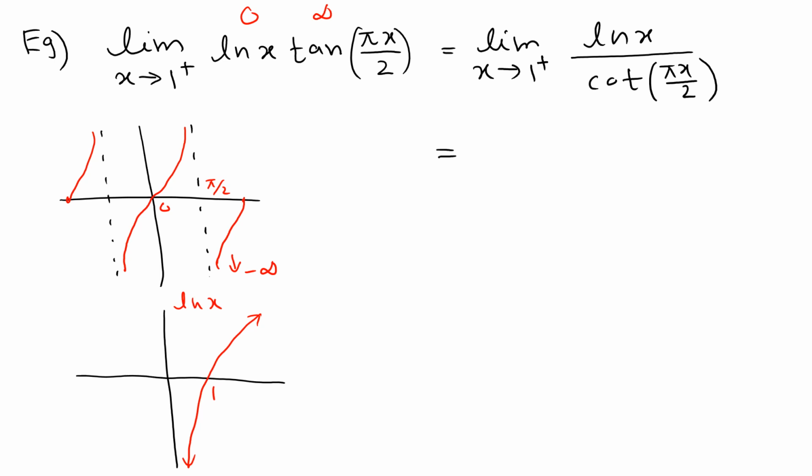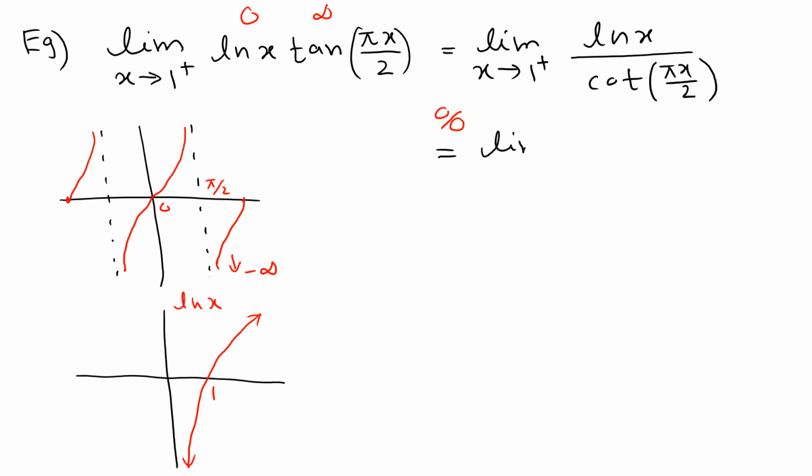When x goes to 1, this is 0 over what will happen to cotangent? We know that tangent at pi over 2 goes to infinity, and cotangent is 1 over tangent, so cotangent goes to 0 at pi over 2. So this is 0 over 0. That means you can use L'Hopital's rule right now.